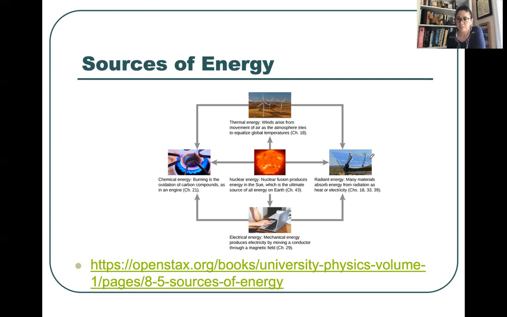So you can see that at the center of everything here we have the sun. And the energy that we're getting from the sun is actually from nuclear reactions. And again, we'll talk about that towards the end of the semester. But that produces that energy in the sun, and ultimately that's how we're getting a lot of our energy here.